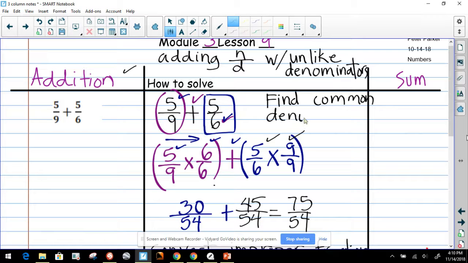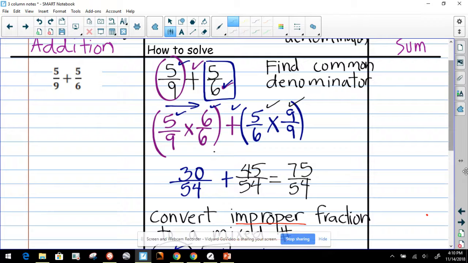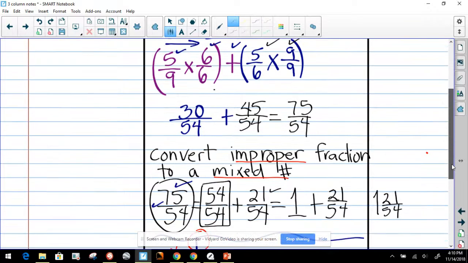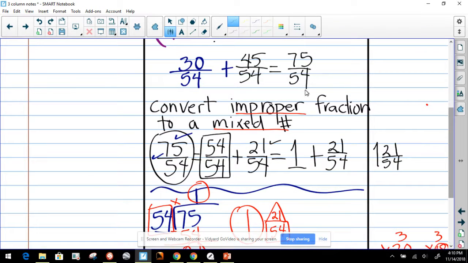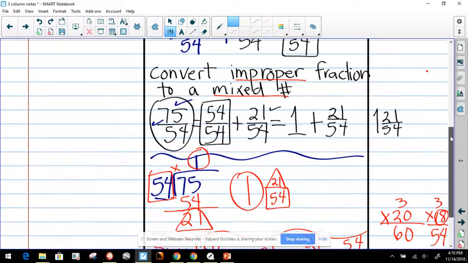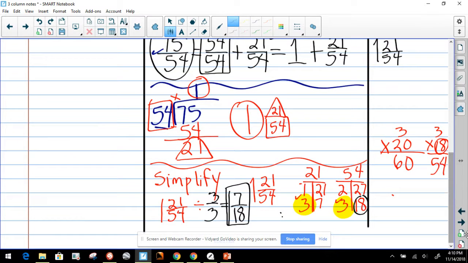And then we converted the improper fraction into a mixed number. And the third step was to simplify, which is right here.